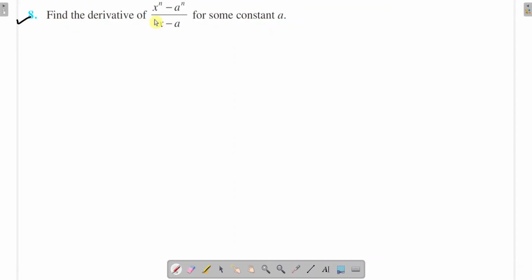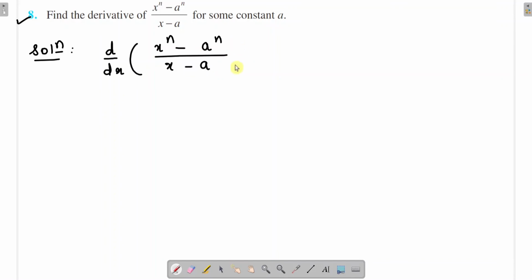Find the derivative of x raised to n minus a raised to n divided by x minus a for some constant a. Okay, so solution. So the derivative of this will be what? d by dx of x raised to n minus a raised to n divided by x minus a. Is this problem difficult?